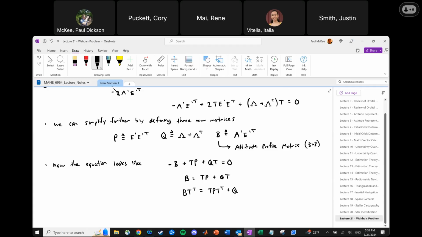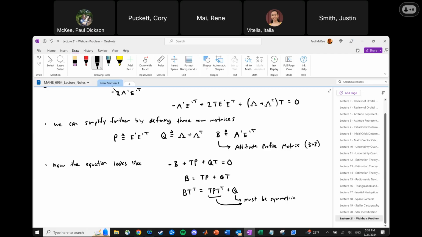Okay. Now, Q, which is a matrix plus itself transpose, must be symmetric. Okay. Now, this term here, T times P times T transpose, which is really T times E prime transpose times T transpose, also, because of its structure, must be symmetric.